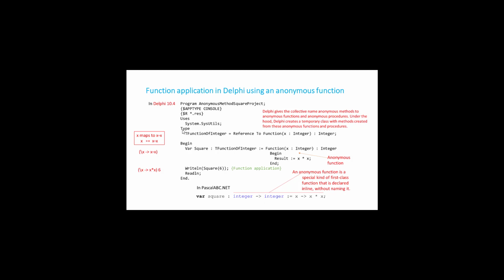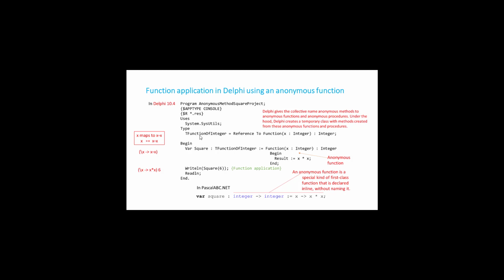So I use the type definition, t function of integer, and I use the keyword reference, the keyword to, and the keyword function. And then I specify the equivalent of the argument here, or the input here, and the equivalent of the output here as integer data type returned by this function.